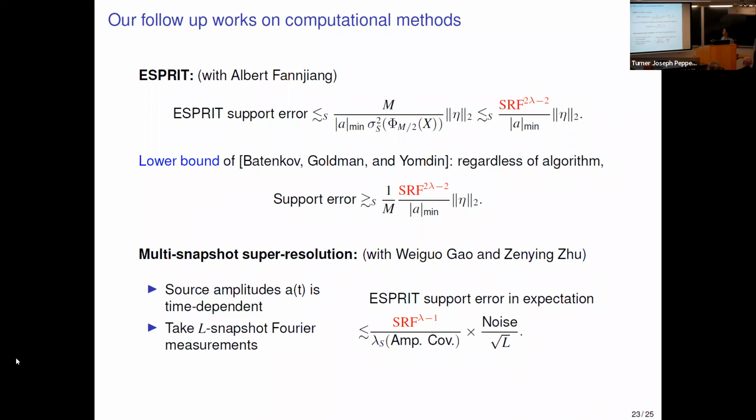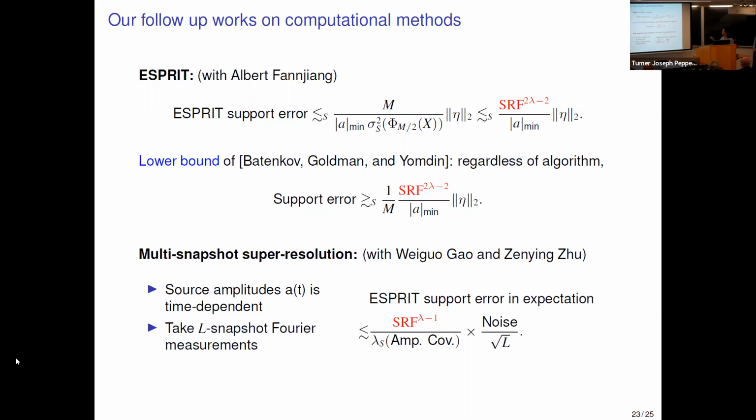Recently, we worked on the multiple snapshot regime. In the previous setting, we assumed the source amplitude is deterministic. But in some applications, the source amplitude A can vary over time, and then we can take multiple snapshots of measurements at multiple times.